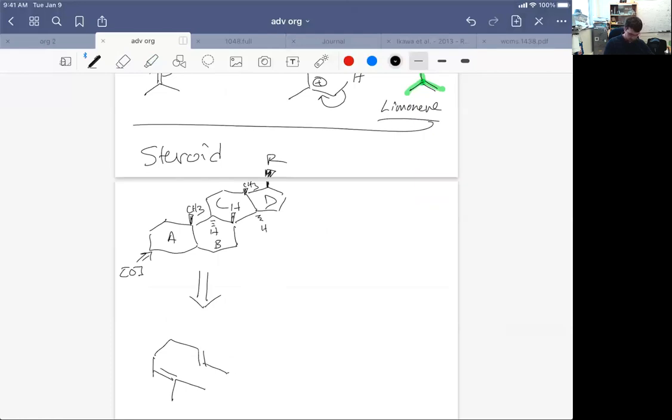So 6, 6, 6. Now squalene is going to be the biosynthetic precursor to a specific steroid, lanosterol. And lanosterol's got some of its R group defined. It's got maybe a couple of extra methyl groups, but the general idea is the same.